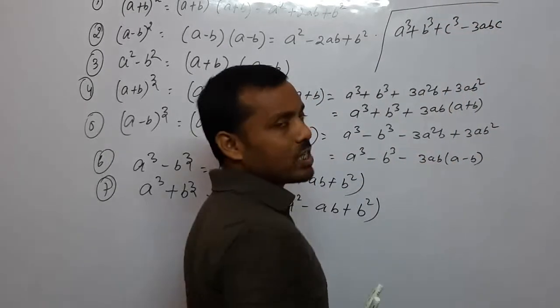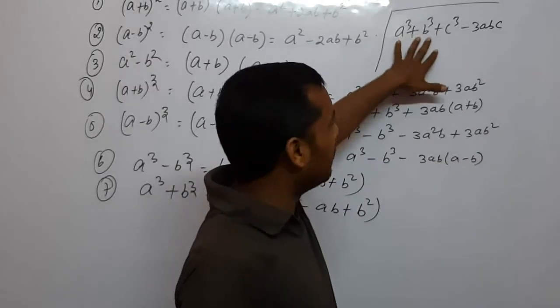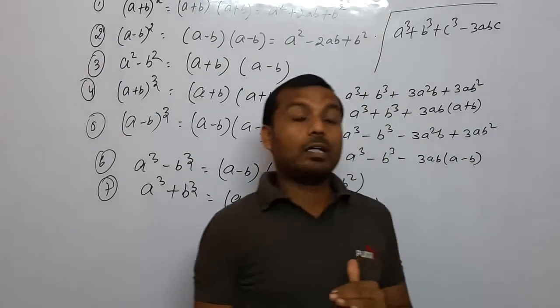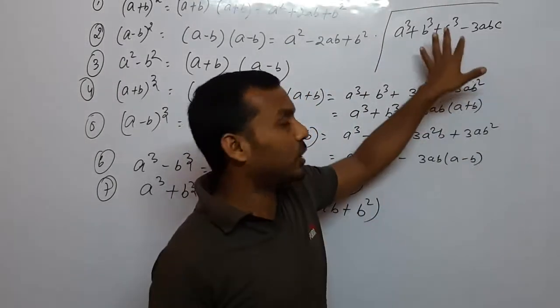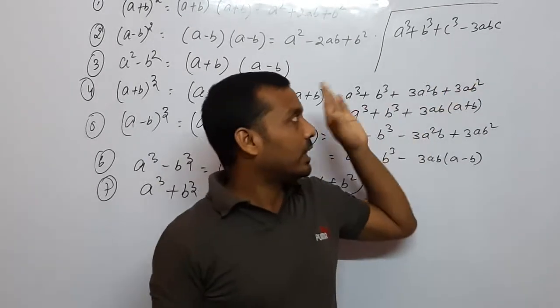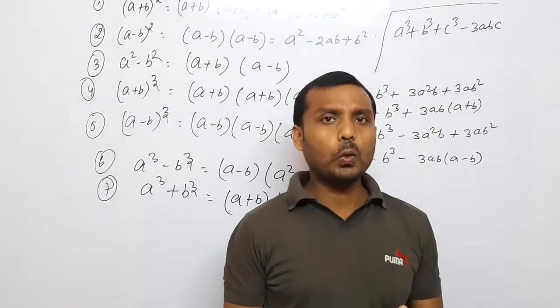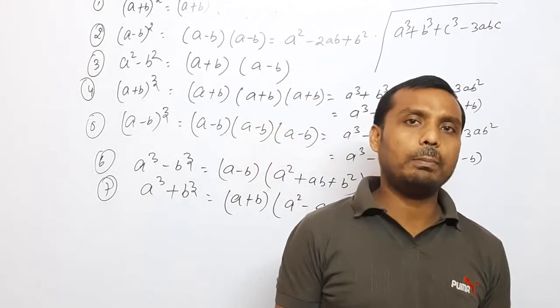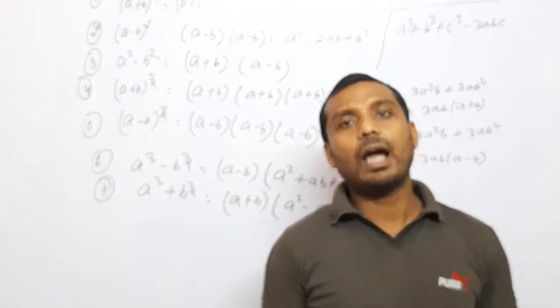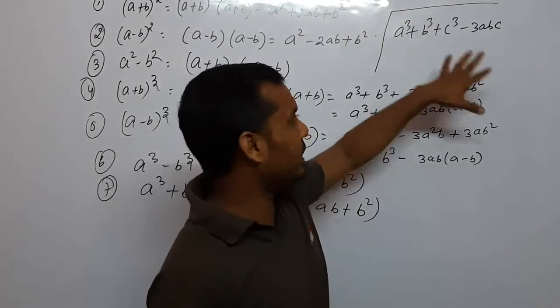This is the last exercise of our textbook where we have to implement this formula, but as per the CBSE guideline, whatever questions are related to this formula have been removed from the syllabus. So as we are working as per the guidance of the CBSE, we are not suggested to go through questions related to this formula.